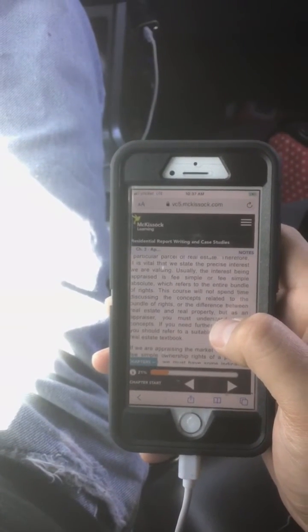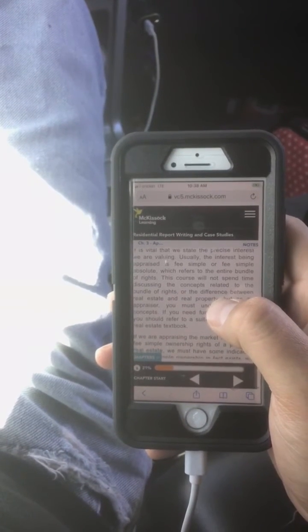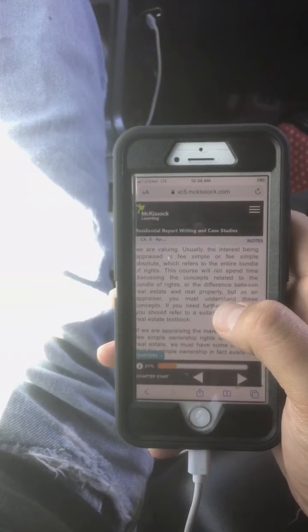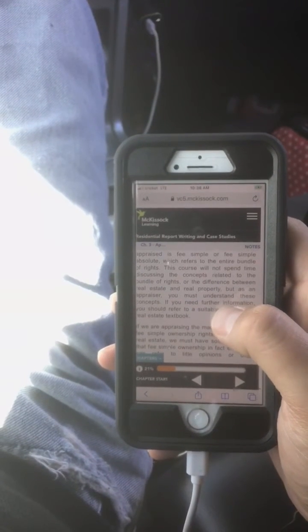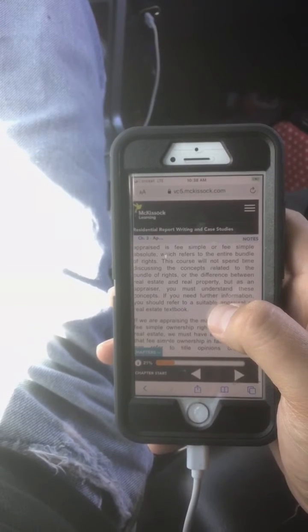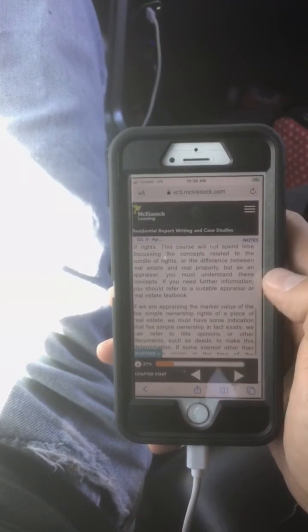Therefore, it is vital that we state the precise interest we are valuing. Usually, the interest being appraised is fee simple or fee simple absolute, which refers to the entire bundle of rights.